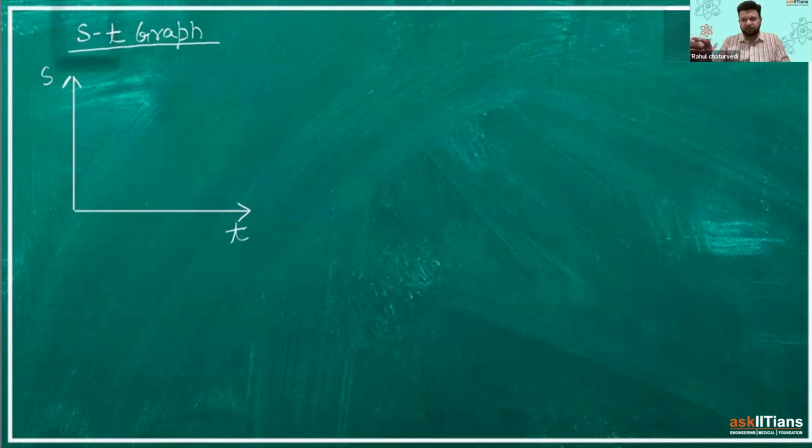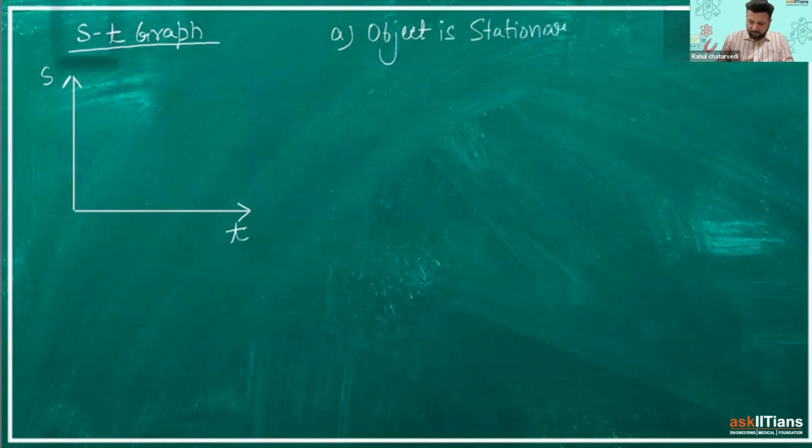But distance or position, we can't say that distance is increasing or position is changing unless the object is moving. So suppose I am considering the case that the object is stationary. Object is stationary means object is not moving.